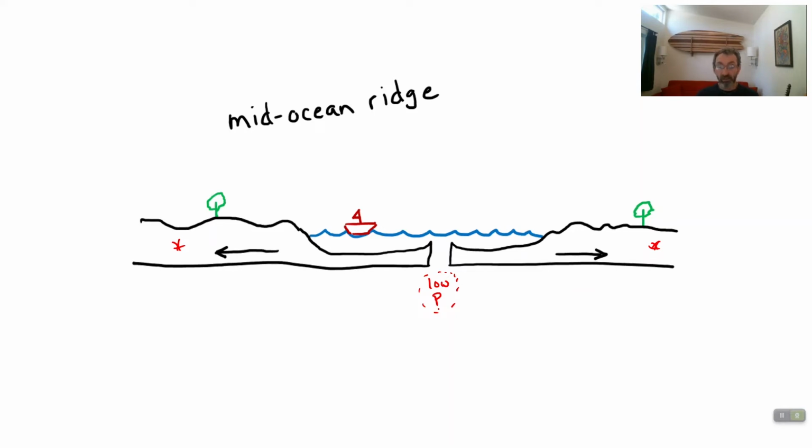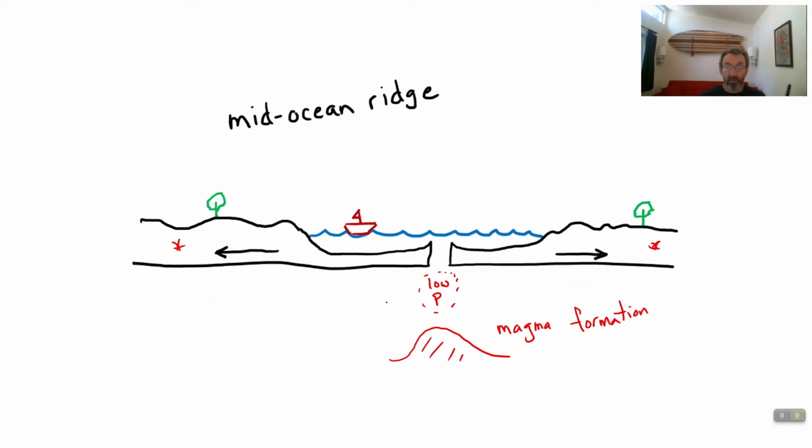Because the pressure is decreased here, magma is able to form. So this is all magma that's forming underneath this area of low pressure. And as we'll see later, this magma can rise up through this gap and form new crust.